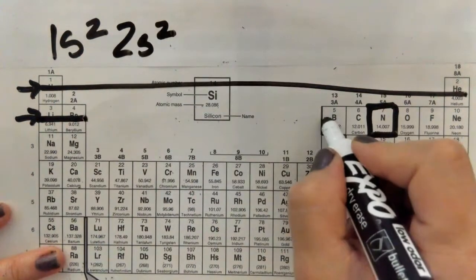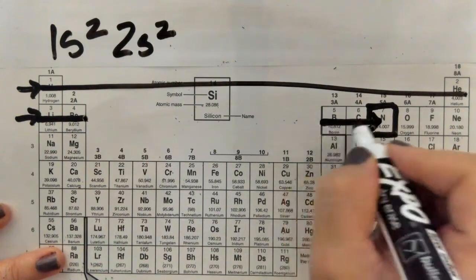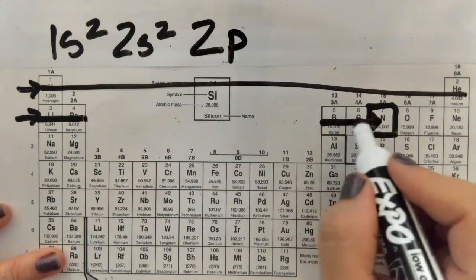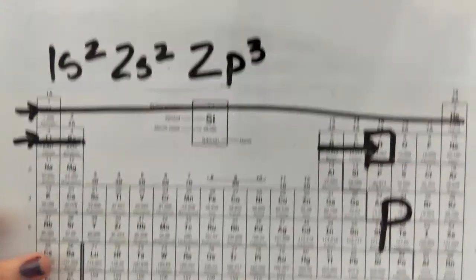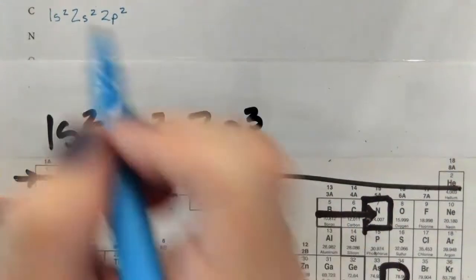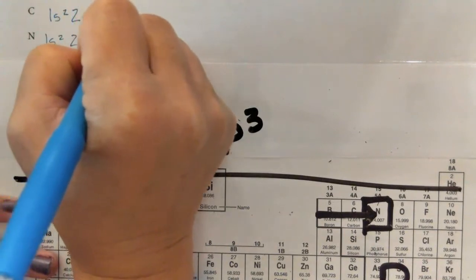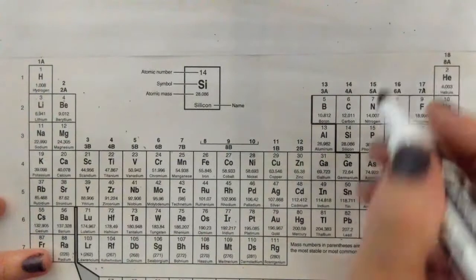And now I'm going to come across, and I'm going to go from here to nitrogen. Row 2, P block, third column in, so it's 2p3. So nitrogen is 1s2, 2s2, 2p3.